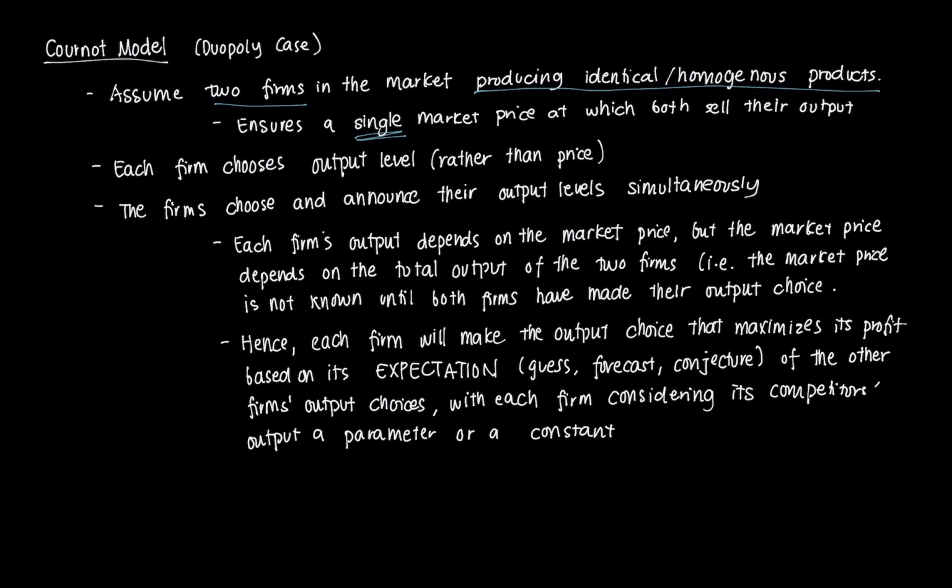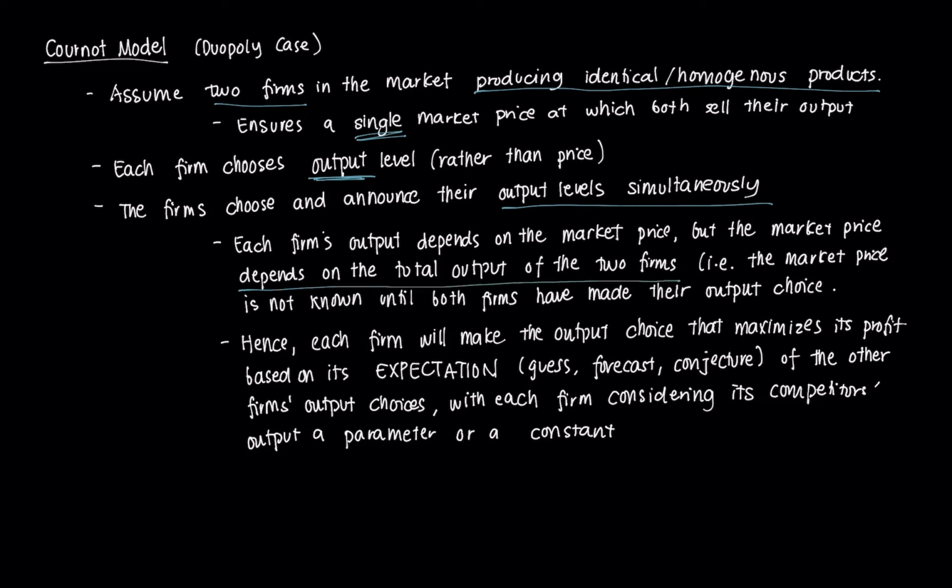Then, as we said, since this is a Cournot model, each firm chooses an output level rather than price. We also further assume that the firms choose and announce their output simultaneously. So they do that at the same time, which means that each firm's output depends on the market price. But that market price depends on the total output of the two firms.